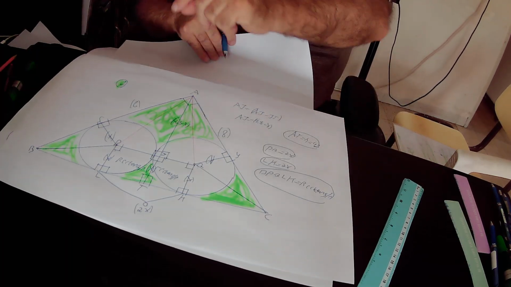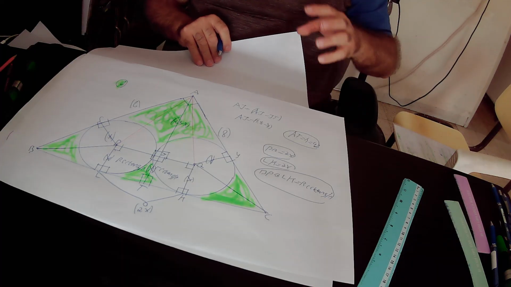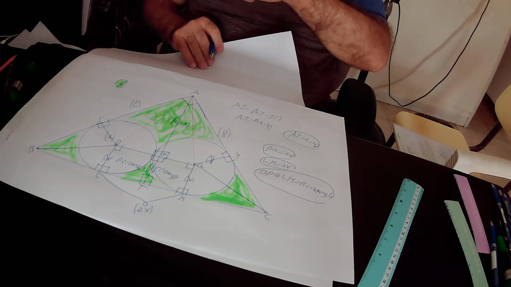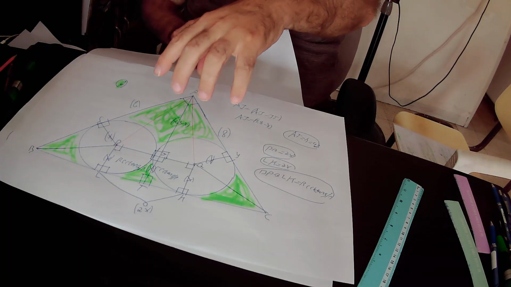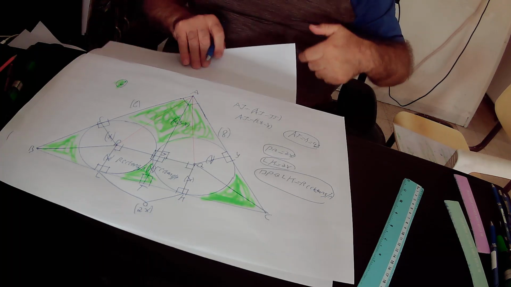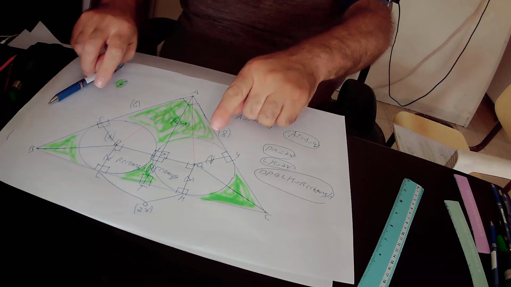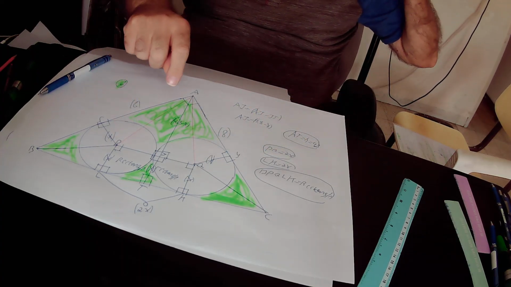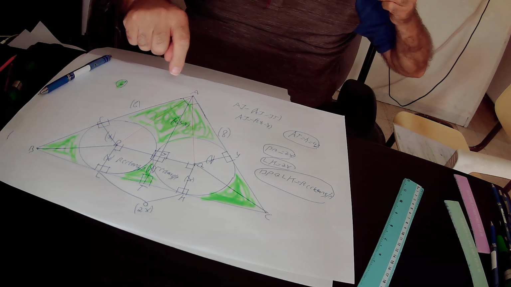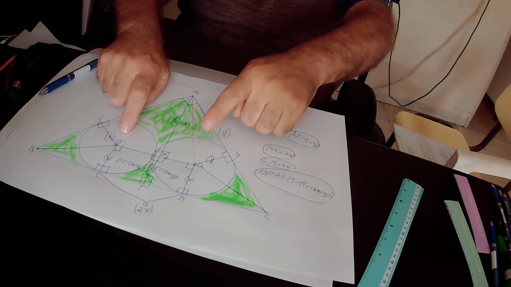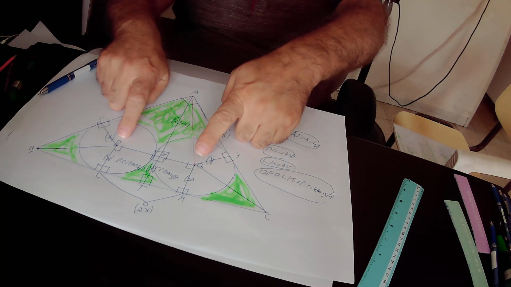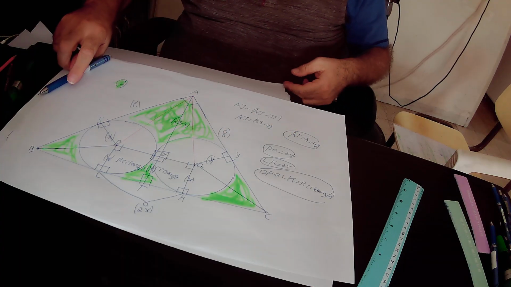Our task is to find the area of this green shape. From the drawing, it is very easy to see that the area of this green shape equals the area of the big right triangle ABC minus the sum of the areas of those two circles. So write it down.